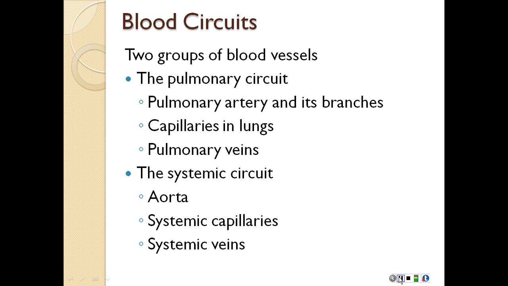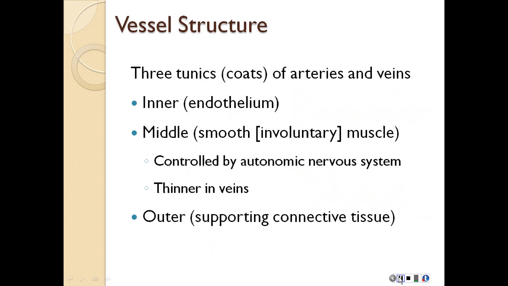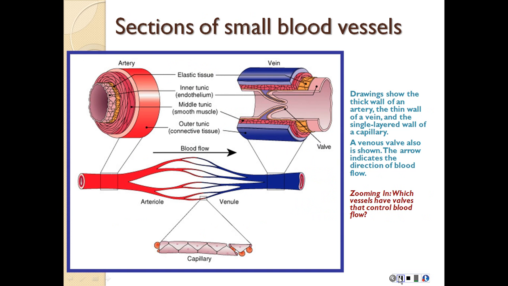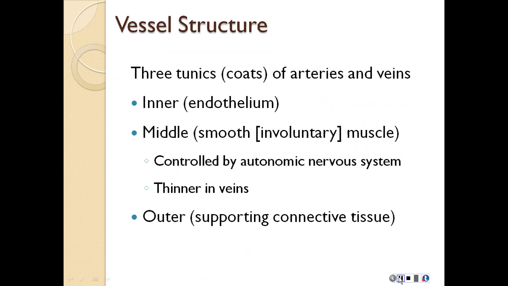Two groups of blood vessels, the pulmonary circuit and the systemic circuit. Just got through going through those. So when you look at the blood vessel wall, it has layers that you should be familiar with. Those layers are called tunics or coats. And so looking at a blood vessel, you have an inner layer, middle layer, and outer layer.